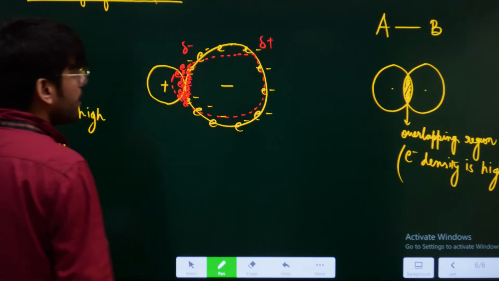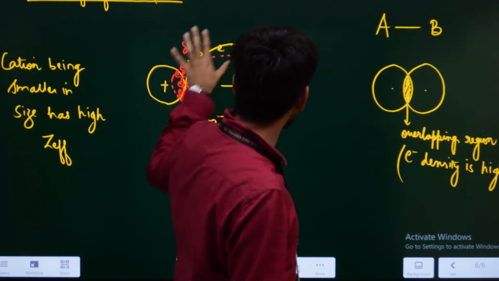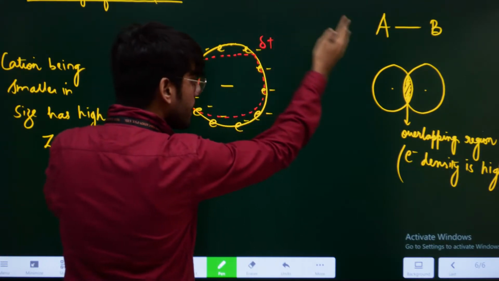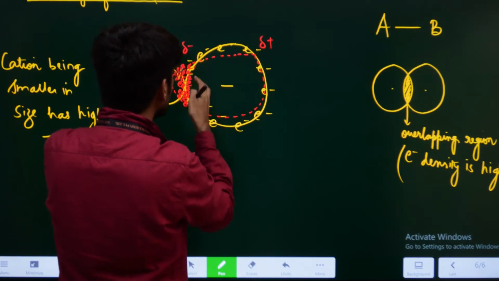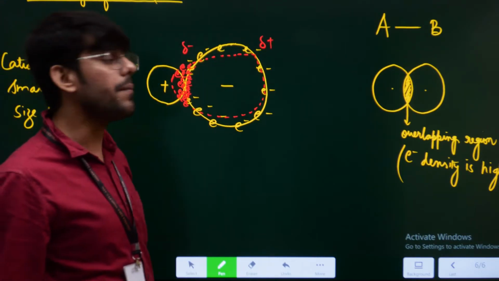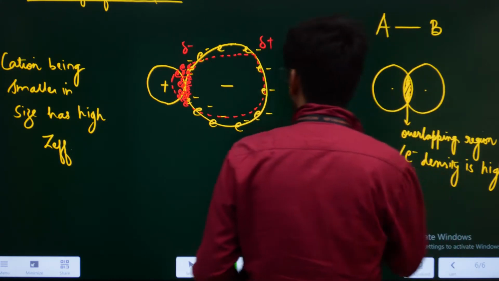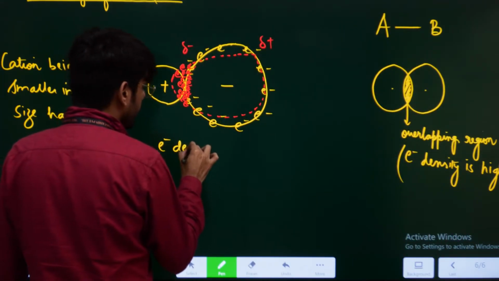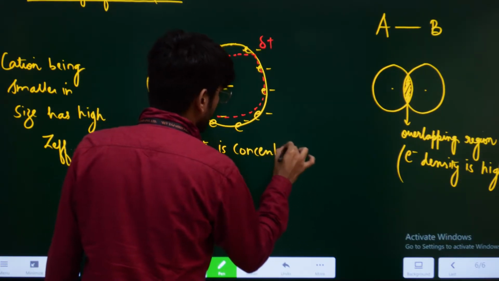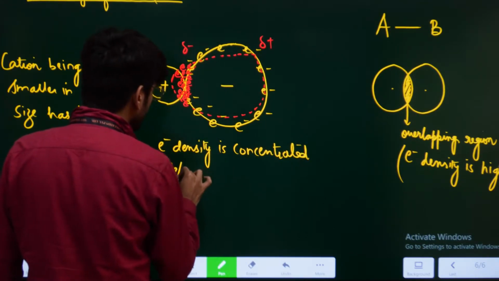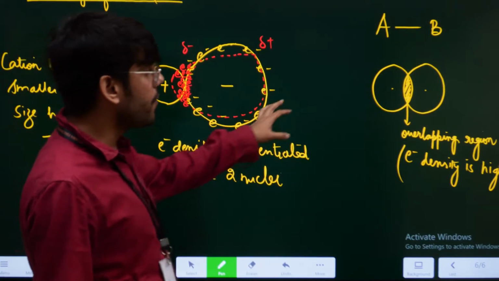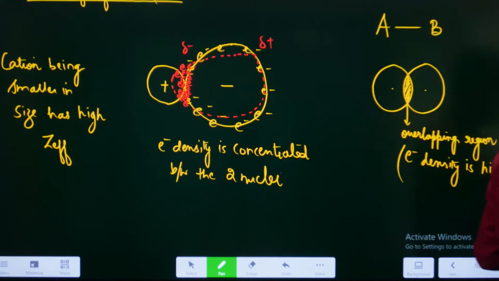Similarly, if you compare the ionic interaction with the covalent bond, can I say that the electron density, just like here, is concentrated between the two nuclei, the nucleus of the cation and the nucleus of the anion, just like in the case of a covalent bond?